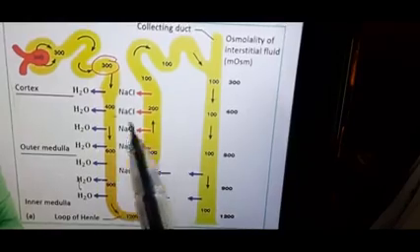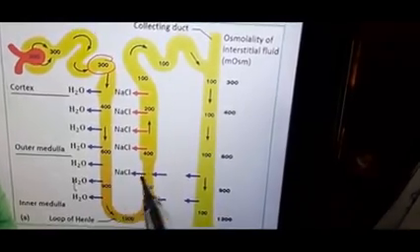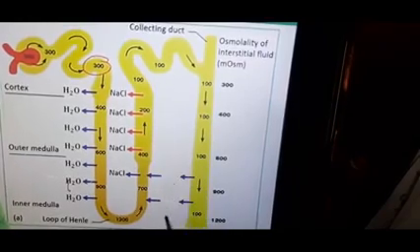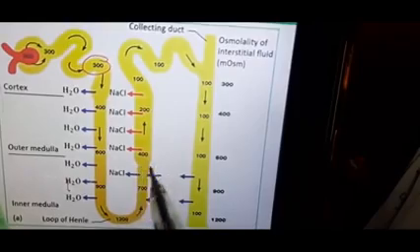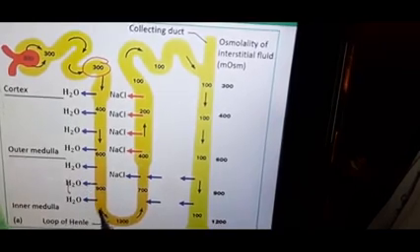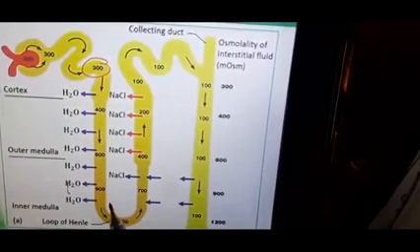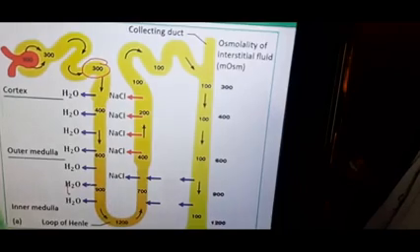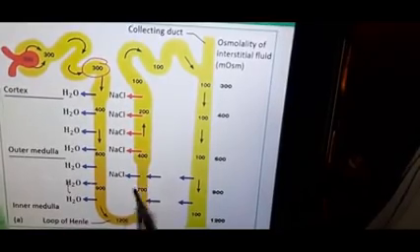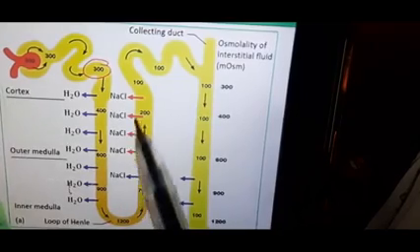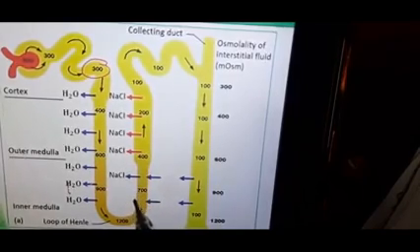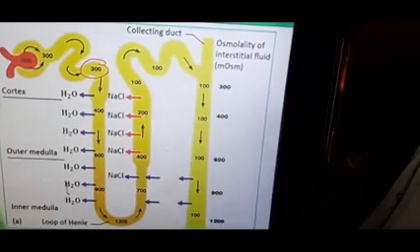Active transport of sodium ions, and along with this, there will be co-transport of potassium ion, means from interstitial fluid, potassium will enter into it and sodium and chloride ions will move out from the thick part of the ascending loop of Henle into the interstitial fluid.